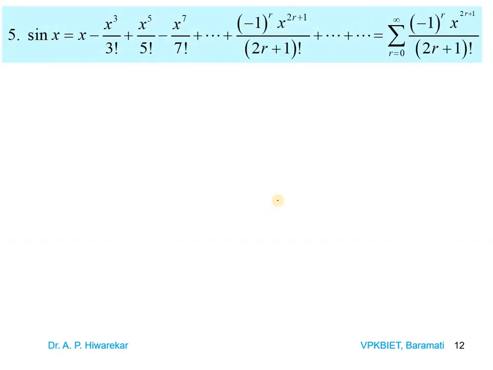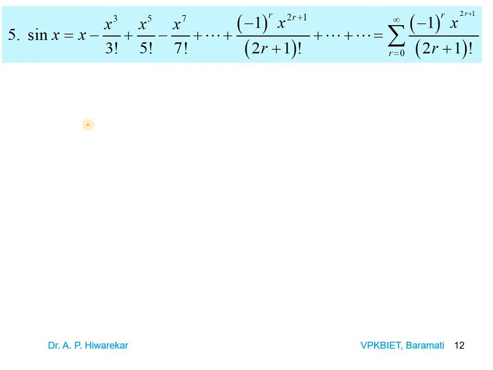So next result. In a similar way, we are not now going to derive all those results. We just take f x as sin x and then proceed, find f of 0, f dash of 0, f double dash of 0 and so on. Use the Maclaurin series and you will get this formula. What is the formula?